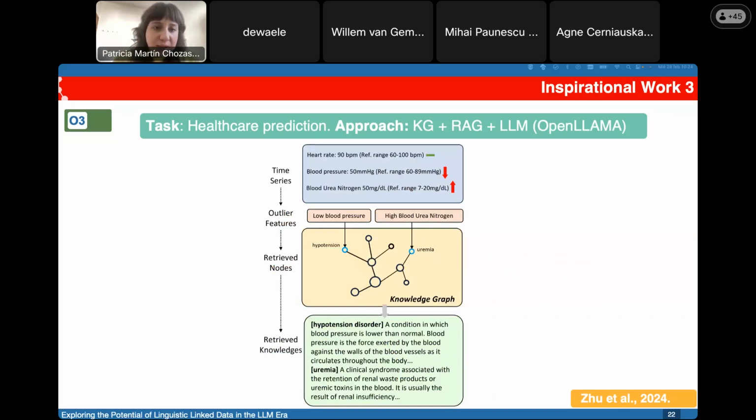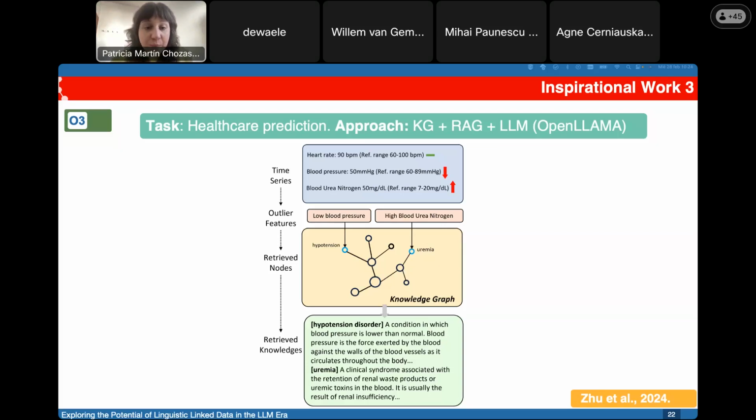So we can see that the blue box would be the training dataset, from which authors retrieve the entities low blood pressure and high blood urea nitrogen. And what they do is match these entities from the source dataset with entities in the graph, that would be hypotension and uremia.